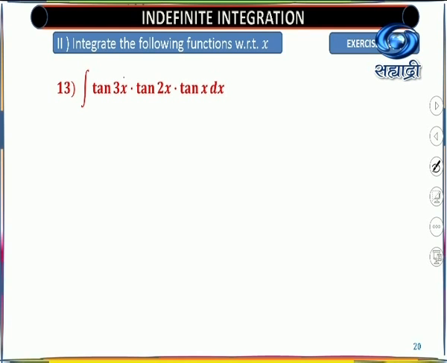Then one more thing you have to observe: is there any relation between these angles? Yes, because the sum of 2x plus x is 3x. So are you able to split an angle in such a way that you will get these 2 angles, and that is only the expansion of tan 3 theta.